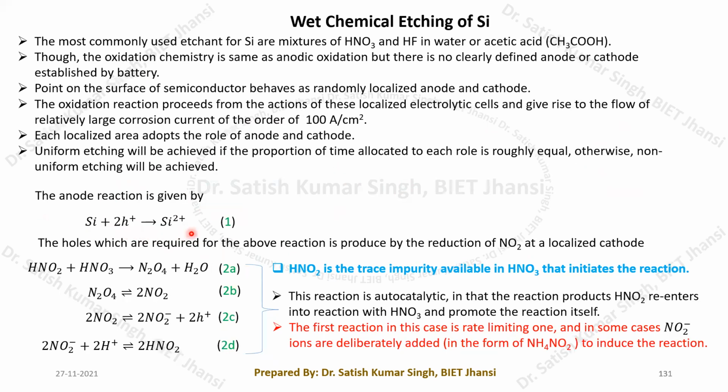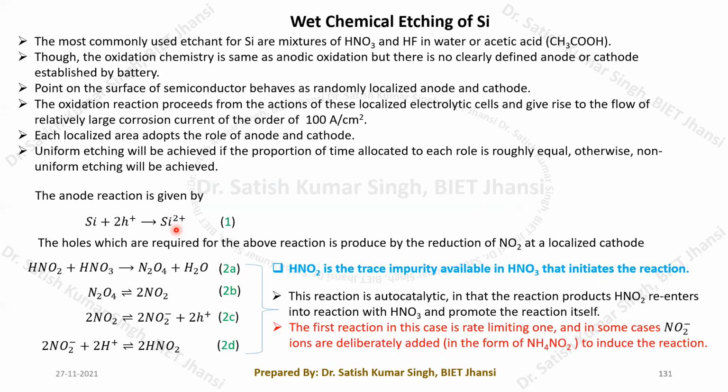Similarly, the same reaction has to take place in the case of wet chemical etching of silicon. So we need to supply a certain amount of holes to this silicon so that the silicon can be converted into silicon positive ions.